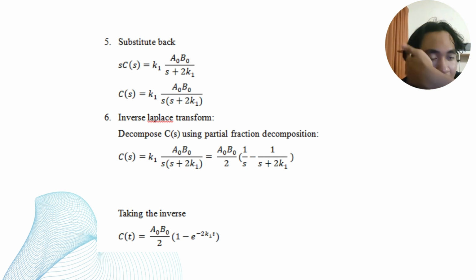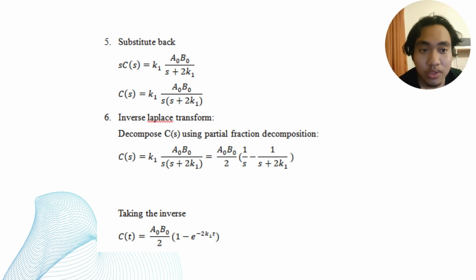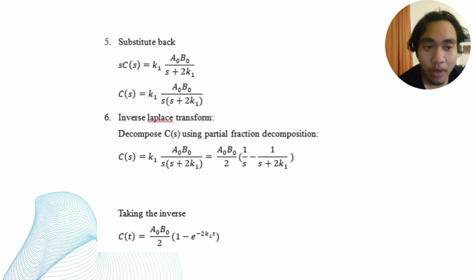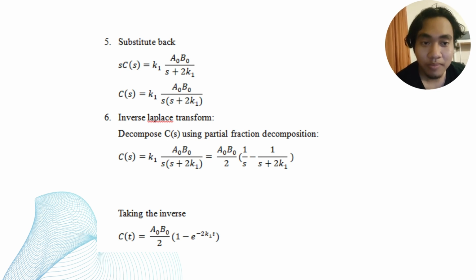And then next we substitute back. So sC(s) equals k1 A0 B0 over s plus 2k1. And then C(s) equals k1 A0 B0 over s times (s plus 2k1). And then the sixth step, we do the inverse Laplace transform. Decompose C(s) using partial fraction decomposition.